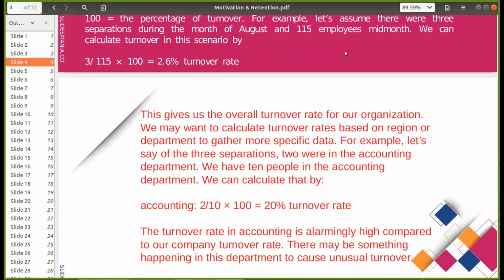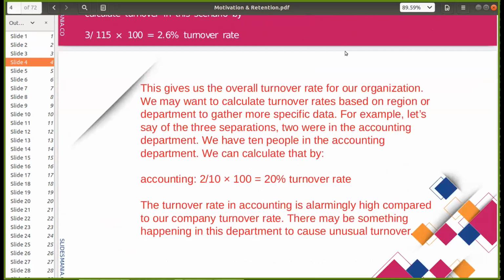Okay, that gives the company the overall turnover rate for the entire organization. Okay, but you also want to calculate turnover rate based on region or department to gather more specific data. For example, sa tatlong nag-resign, dalawa doon is from accounting department.